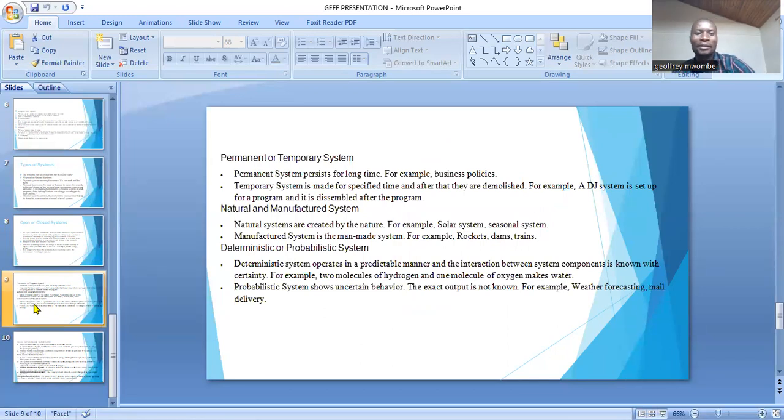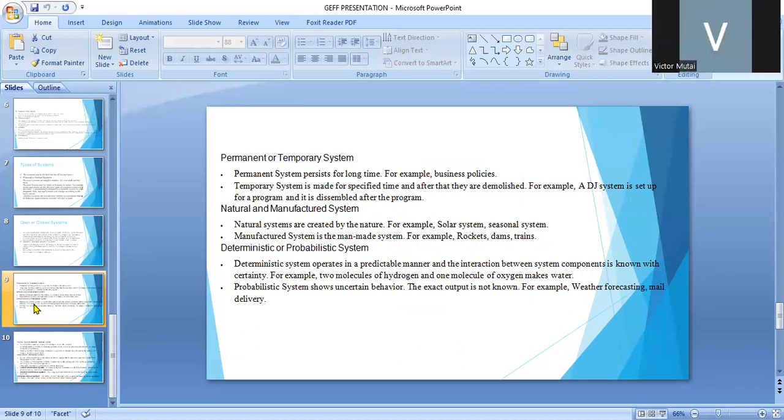We have permanent or temporary system. A permanent system persists for a long time. For example, business policies. And a temporary system is made for specified time, and after that it is demolished or disassembled after the program.